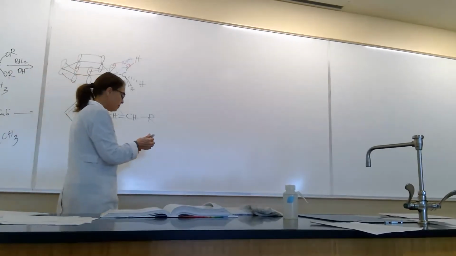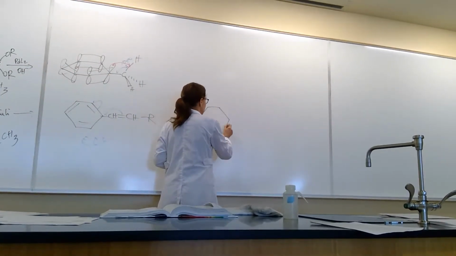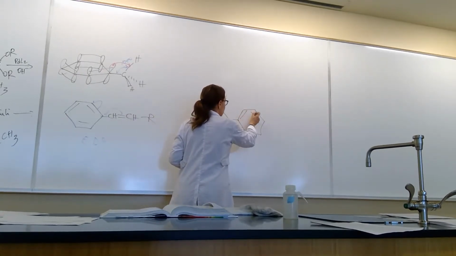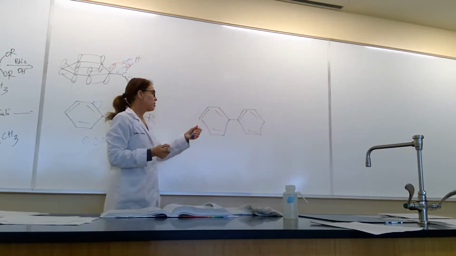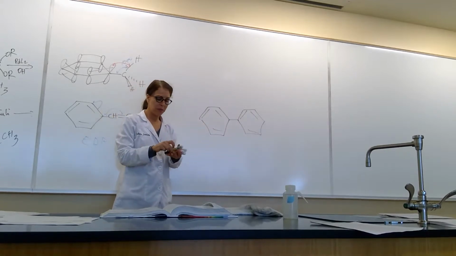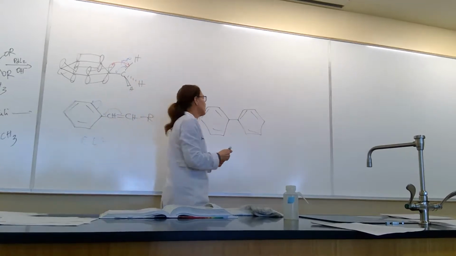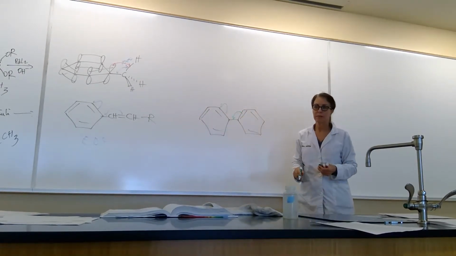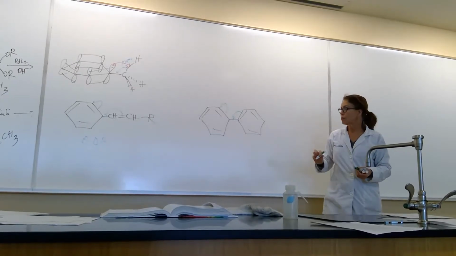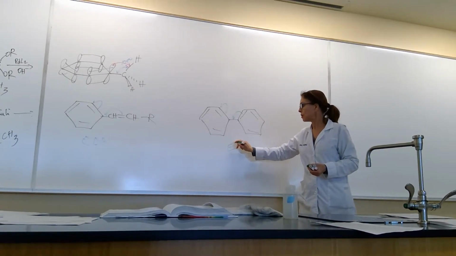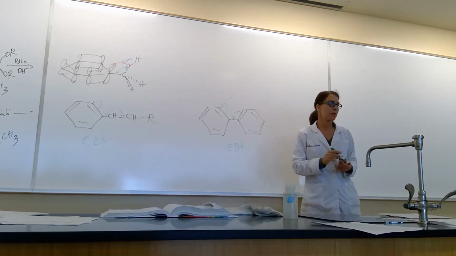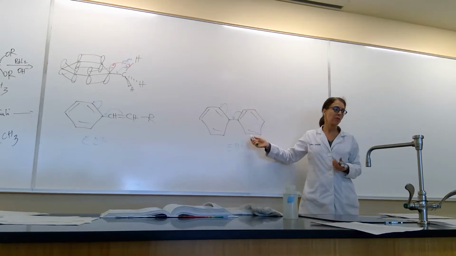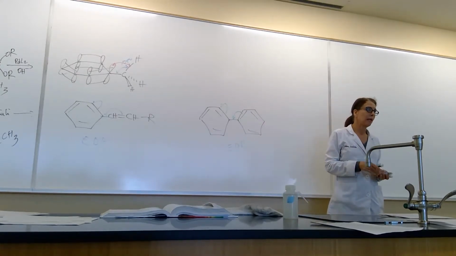How about this? This is my ring, this is the next ring. What can happen here? This can also move here, this moves here. But it's also going to be what? Electron donating by resonance. But it's not a very stable situation, so it's not very donating, it's slight.